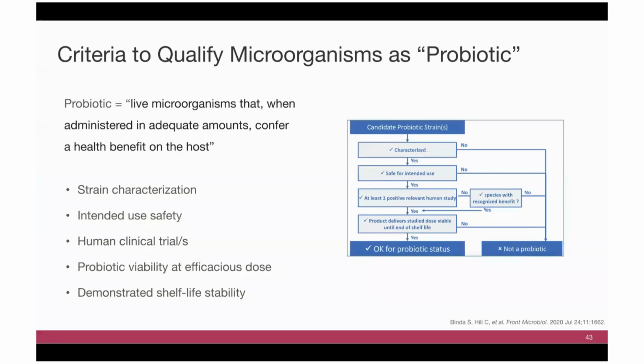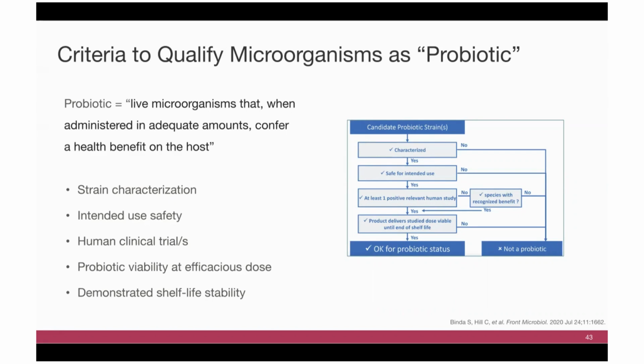This is a slide that perhaps should have been at the very beginning in the definitions. It's what's a probiotic, but I kept it here so that everything kind of flows together. A probiotic is a live microorganism that, when administered in adequate amounts, confers a health benefit on the host. You'll notice this graphic starts with strain up at the top, and a strain that has been characterized. I'll take a look at that in a sec.